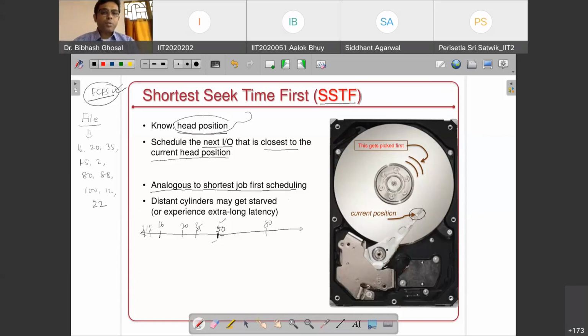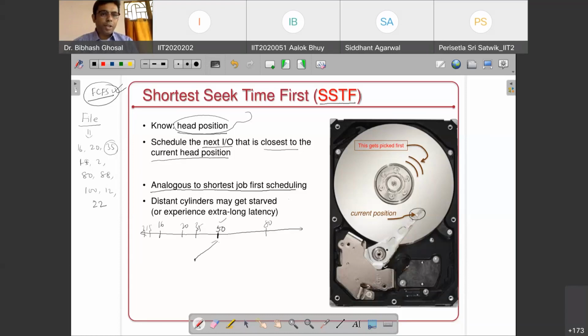So in this case, from 50, you try to find out which one of them is the closest. Say it's 35, maybe 15 is there. So you reach 35 first of all. And at 35, you look at the others and decide which is the closest.